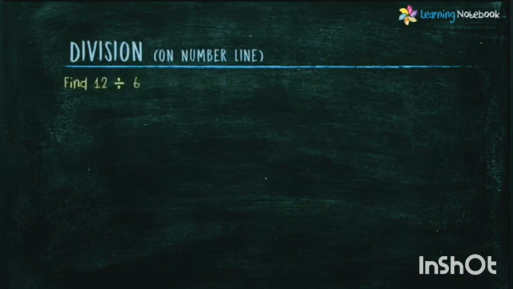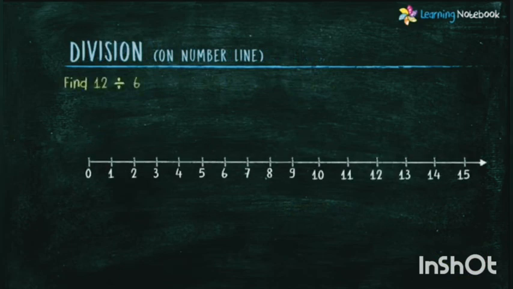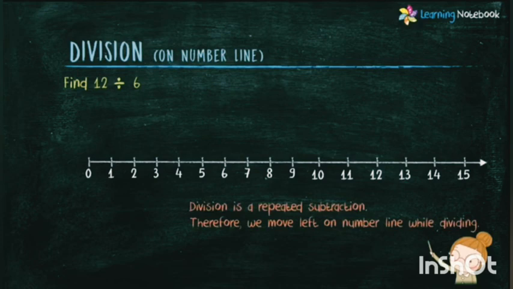Now, let's do the last mathematical operation, division. On the number line, for example, find 12 divided by 6. We know division is repeated subtraction. Therefore, for division also we move left on the number line.